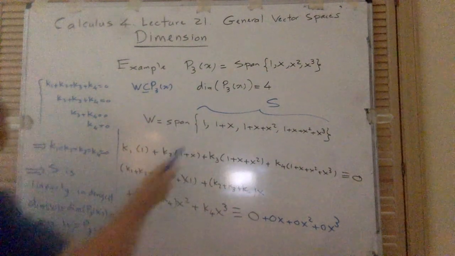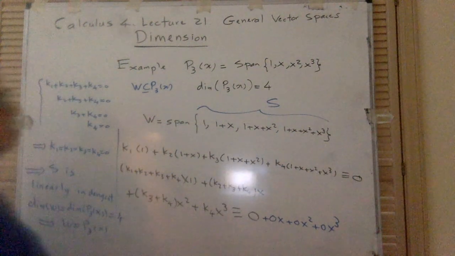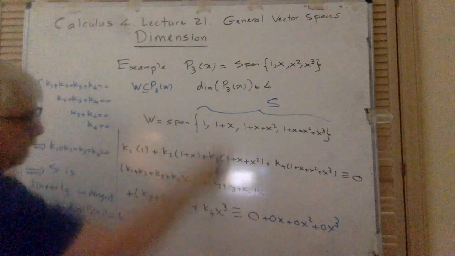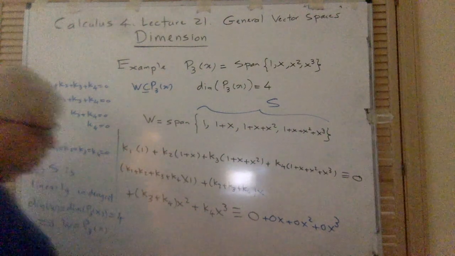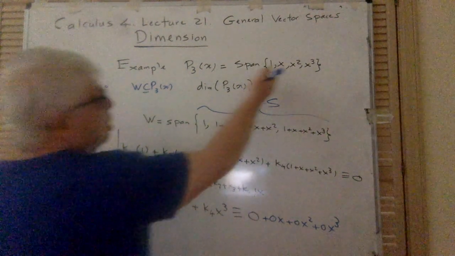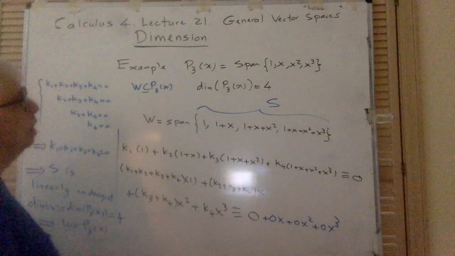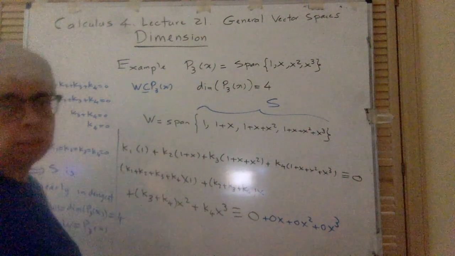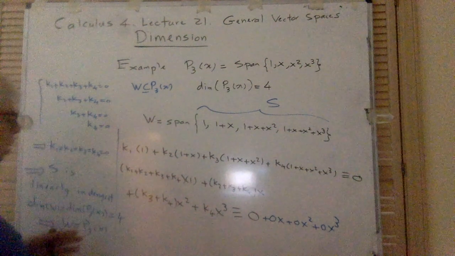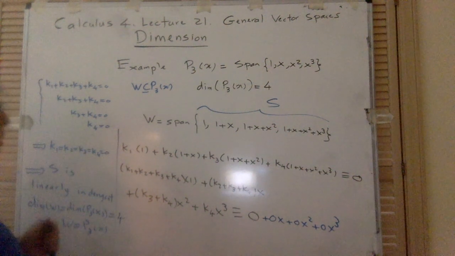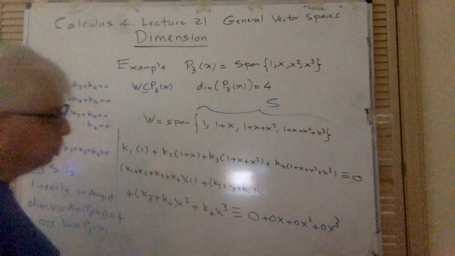Which also means that these four vectors, this S, can be considered a basis for P3. But it's not a nice basis. This is a much nicer basis. Why should I use this thing? But anyway, you might say we could have given another argument for this, but I just refer to that last theorem, the third part of that last theorem.